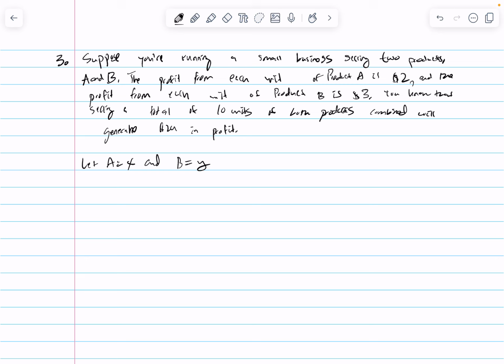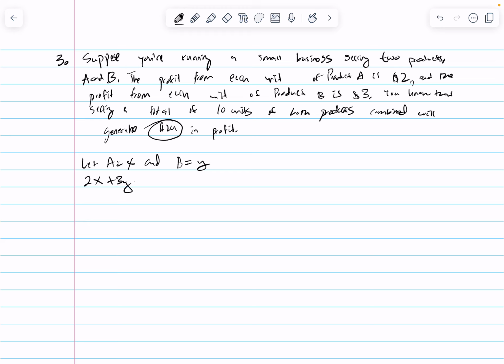We know that product A is $2 in profit, product B is $3 in profit, and the total amount of profit that they generate is $24. So it's going to be 2x plus 3y equals 24. Because $2, $3, 24, done.